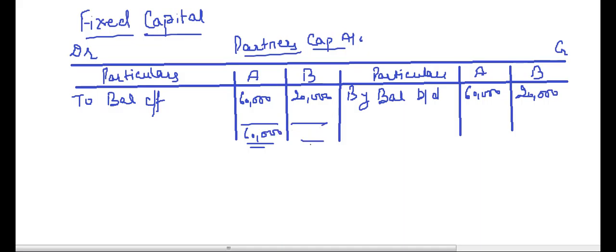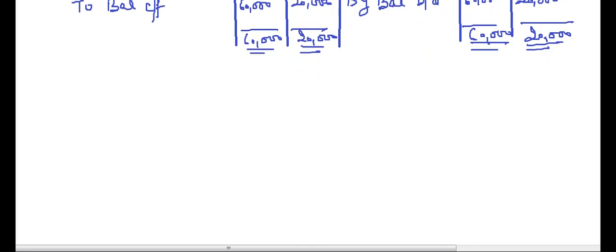So that completes our partners capital account. Clear? Now we'll record the transaction in the partners current account.